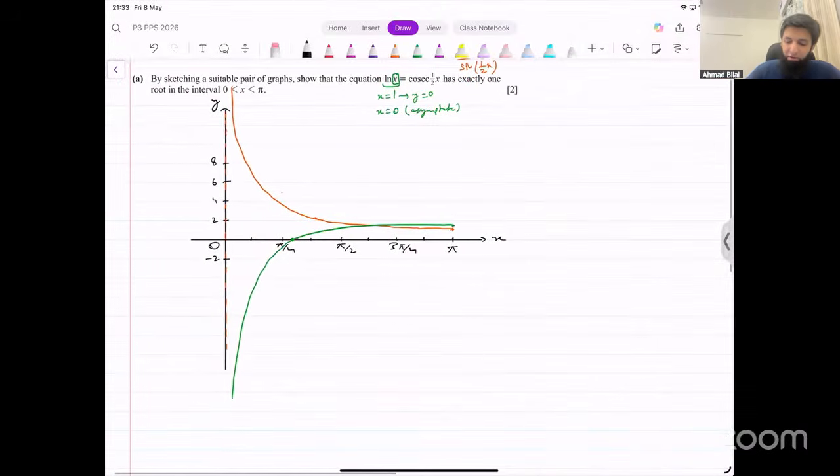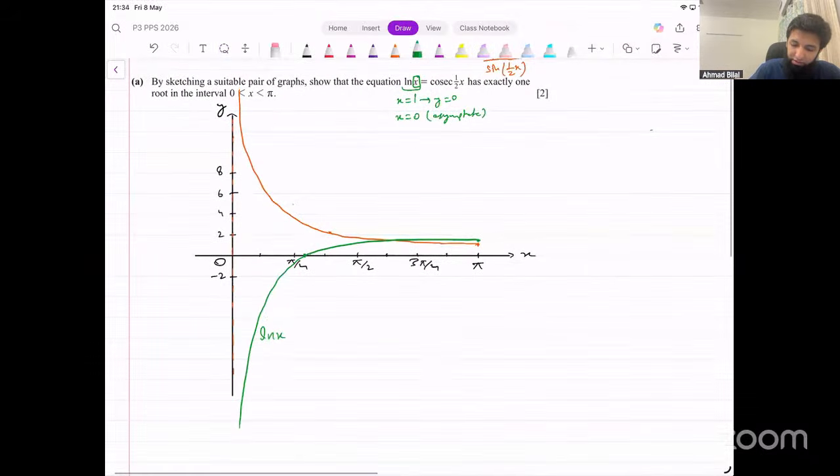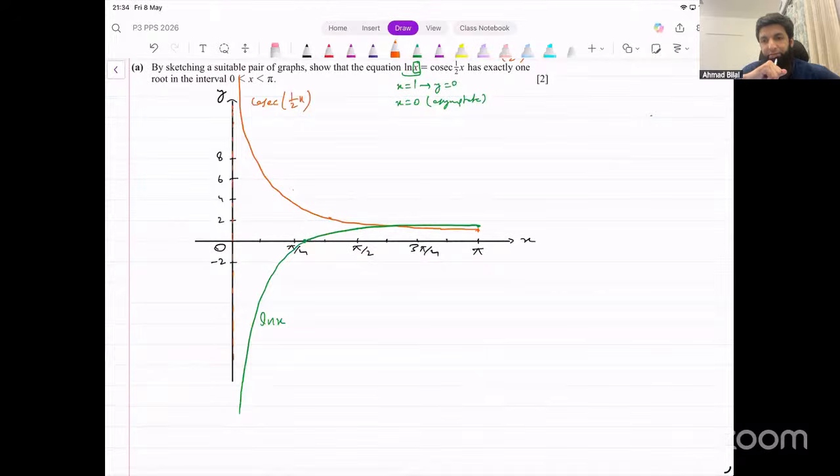This is the graph of the log function. You will label both of them: this is log of x, and the other one is cosecant half x. Makes sense, right?